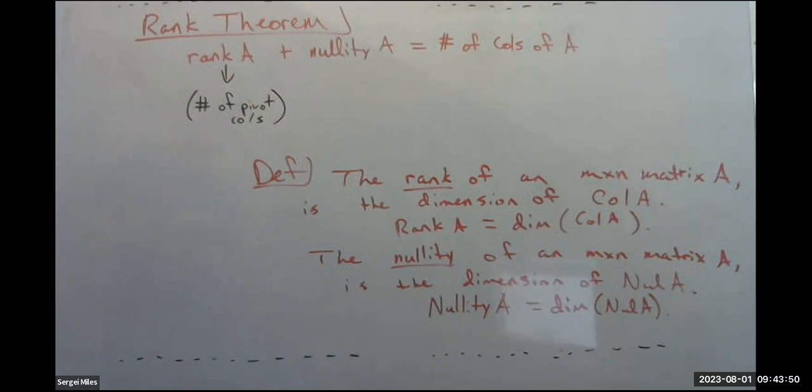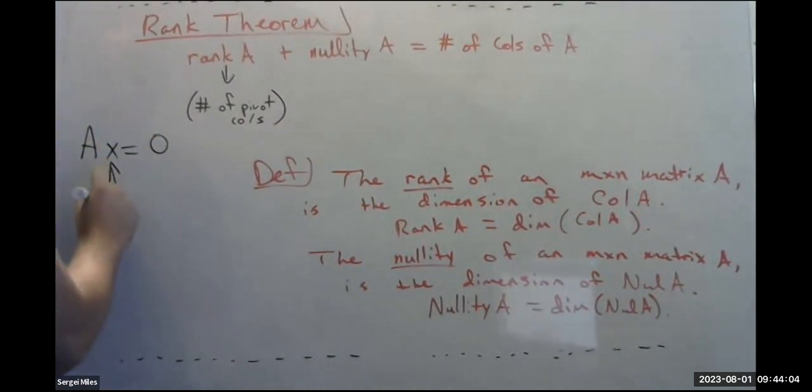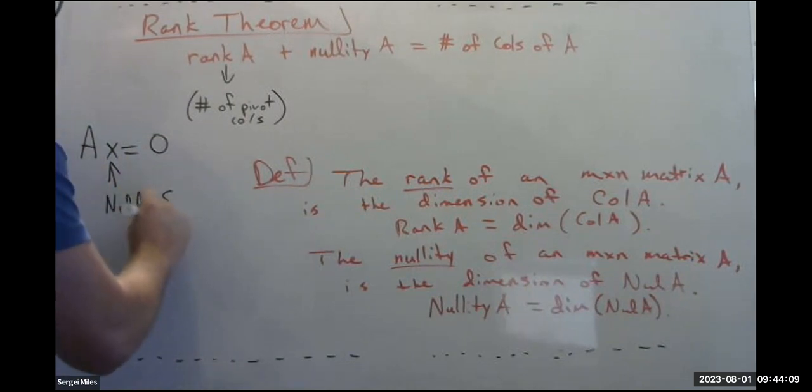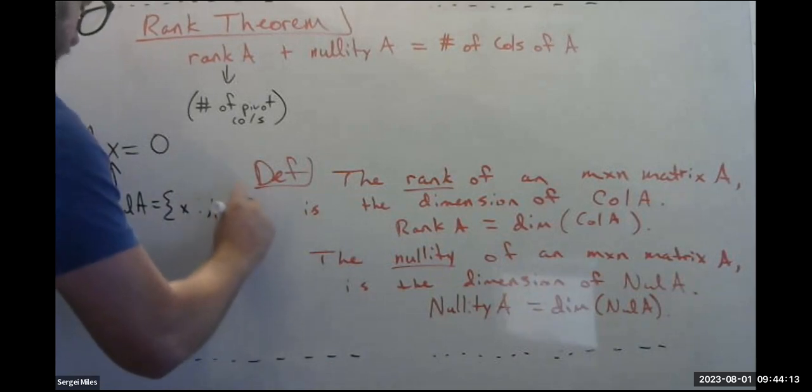What about the nullity? Well, the nullity is based on the number of free variables, right? Because remember, the nullity is referring to finding these x's. The null space is the set of x's such that Ax equals 0.